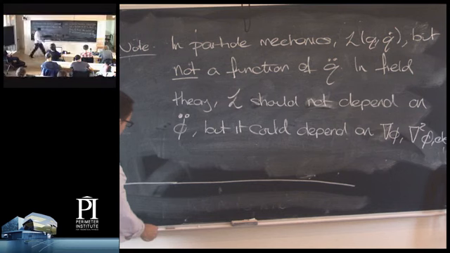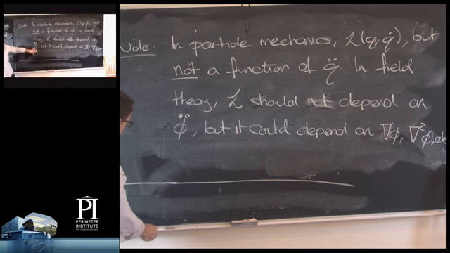Okay, so you see that as I've set this up, there's really still a difference between the way that phi depends on space and the way that phi depends on time. Space is just a label, and what we're interested in is how a given field configuration at a fixed time evolves to a field configuration at a later time. Now, for the same reasons as in particle mechanics, the Lagrangians shouldn't depend on the acceleration of phi. It shouldn't depend on phi double dot.